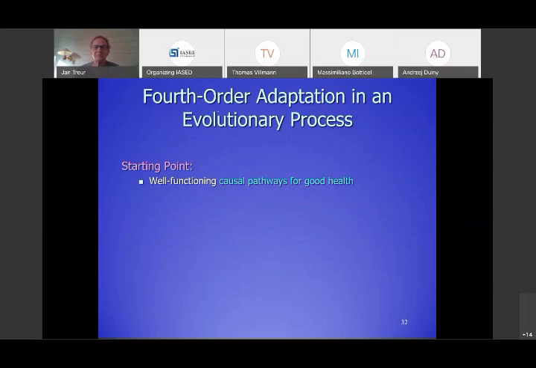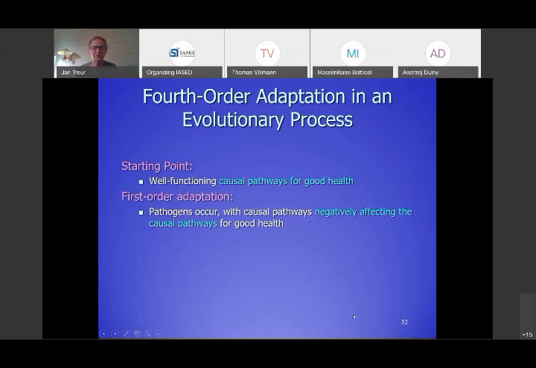So the general idea is that for the well-functioning of your body, you need some causal pathways that make sure the food gets in the right places in your body and also the oxygen and everything. So they are the things that give you good health. But then after a first order adaptation in the environment, pathogens occurred during some states of the history.